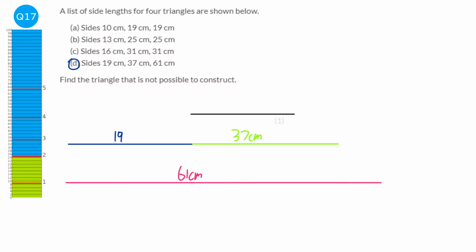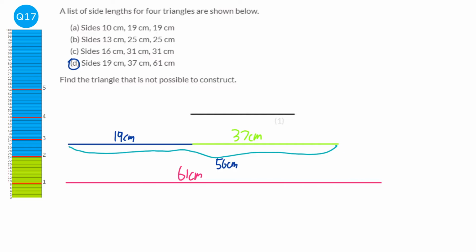Now, looking at the first two sticks, the combined distance of them, when we add them together, 19 centimetres plus 37 centimetres, is 56 centimetres. So that's the combined width of them. And you can see that that wouldn't be able to create a triangle if the third stick is 61 centimetres.